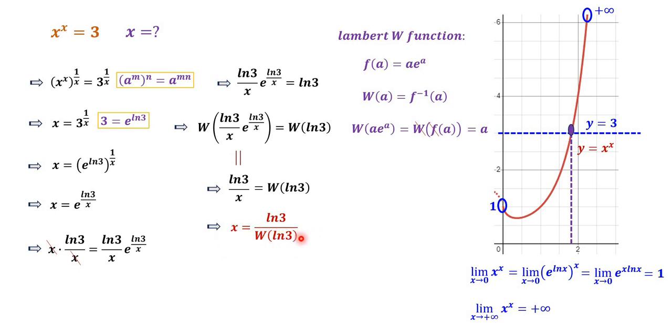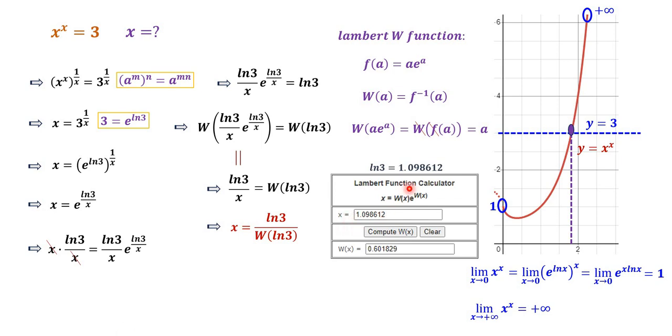At this point, we have already got the final answer. However, if you really want a value of x, we have to use calculators. Here, ln 3 is equal to 1.098612, and we bring up the Lambert W function calculator and put this value into the argument x. We click compute, and we get the Lambert W function value is 0.601829.